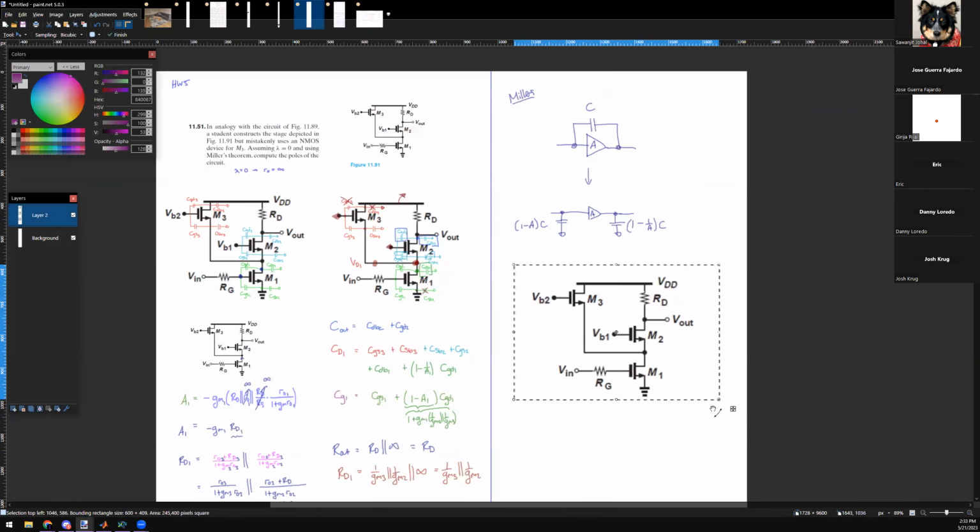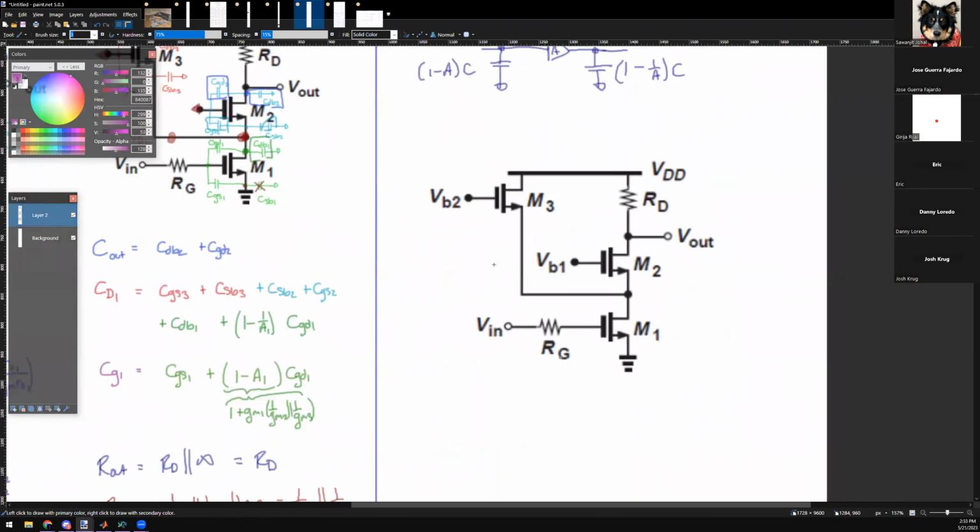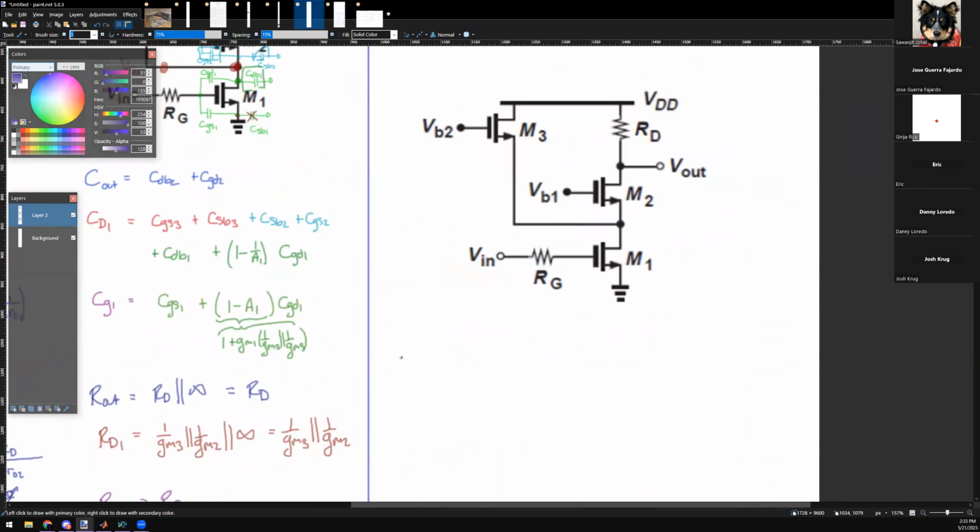If you want to find the gain of the circuit, then first from here to here is nothing because this is just an infinite voltage divider. There is a capacitance here, but he said ignore the capacitor, so it's open circuit. So the gain from V in to V gate 1, then to V drain 1, and then to V out. From here to here is just a gain of 1.